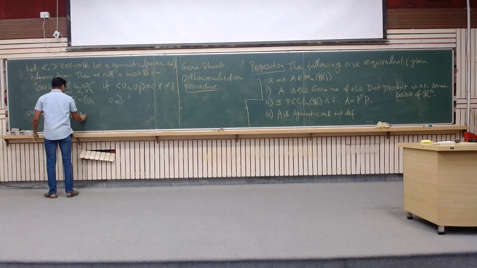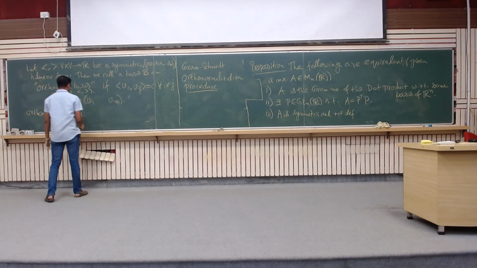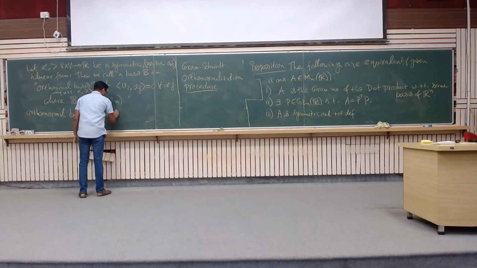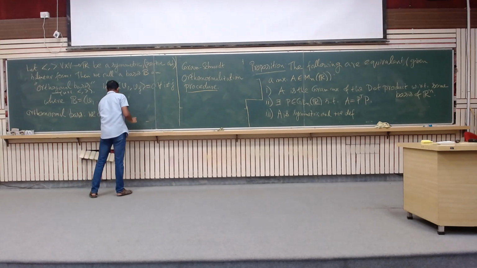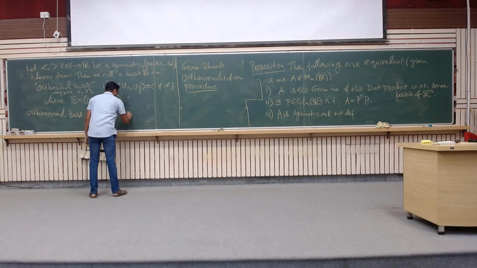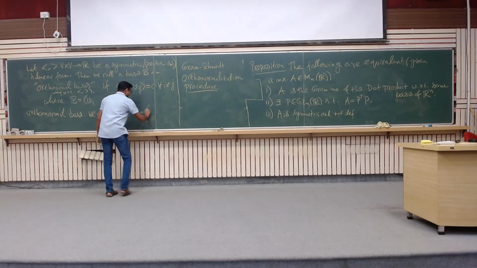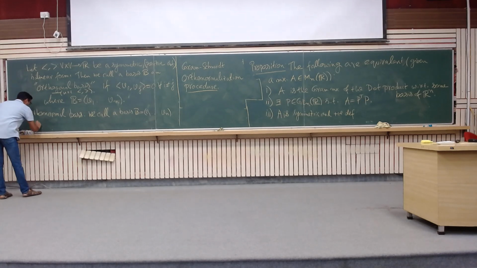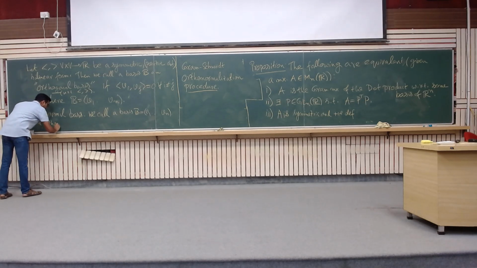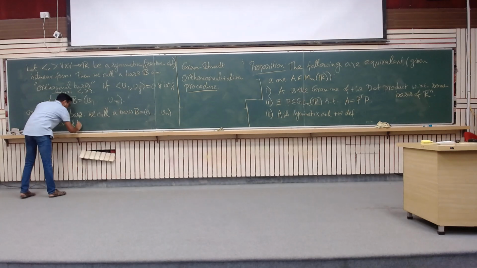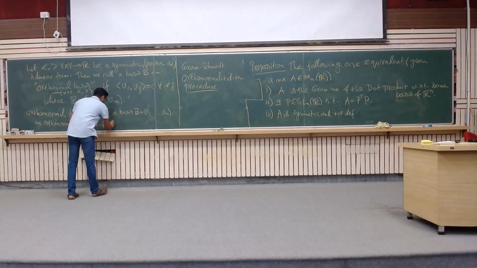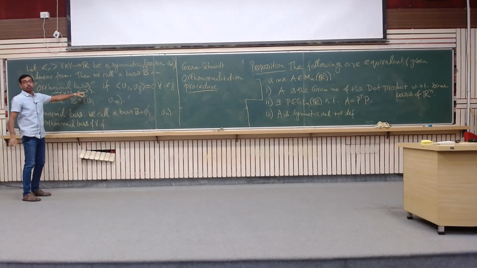So for an orthonormal basis, we call a basis B an orthonormal basis of V if the first condition is satisfied, it's orthogonal.